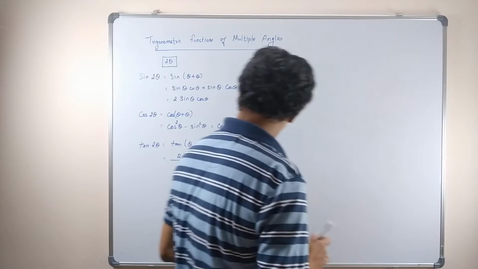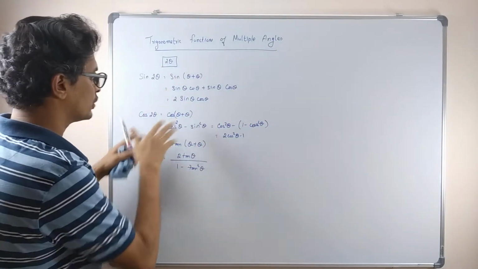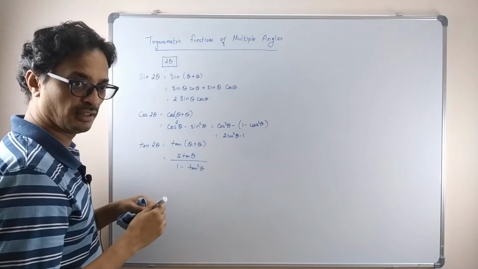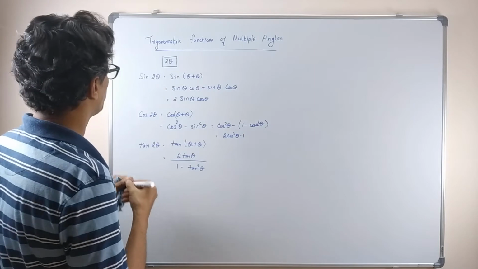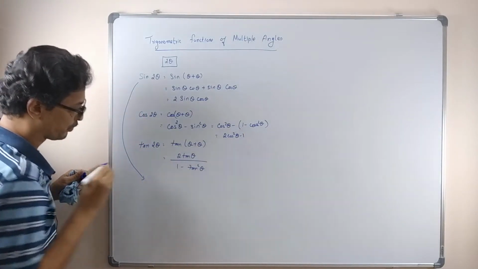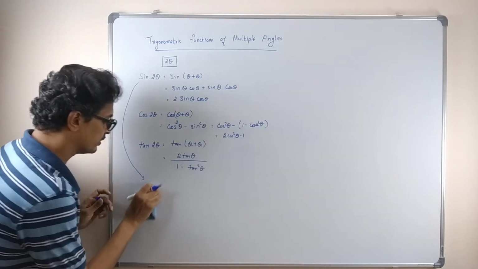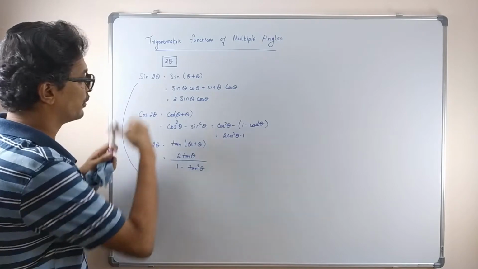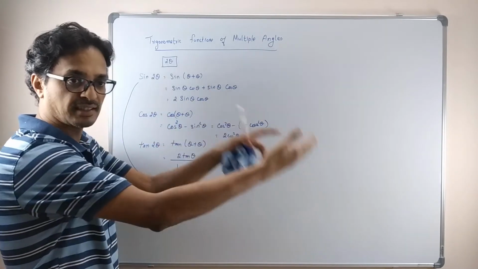So we will write down all these formulas. Now if you want to express sin 2 theta and cos 2 theta in terms of tan theta, how are we going to do that? Let me take down this equation. This is all because of how we are expressing it. In problems, you have to see what you need to prove, the right hand side and left hand side.